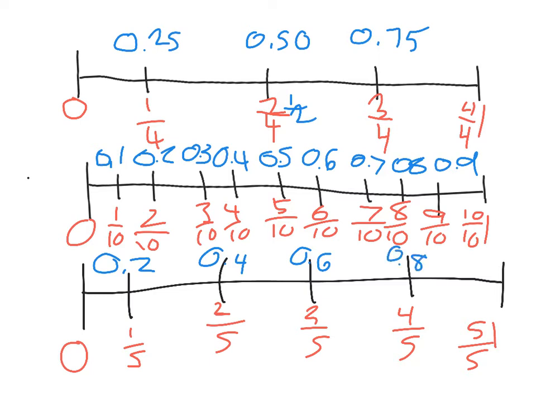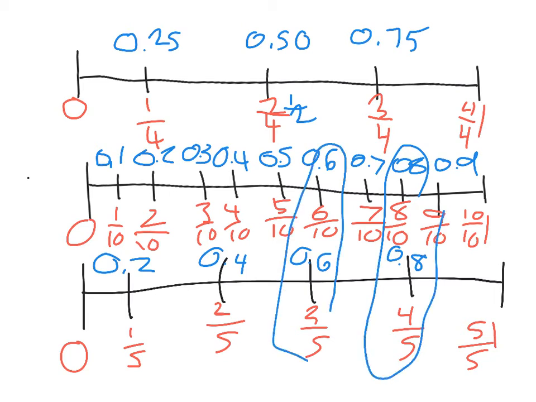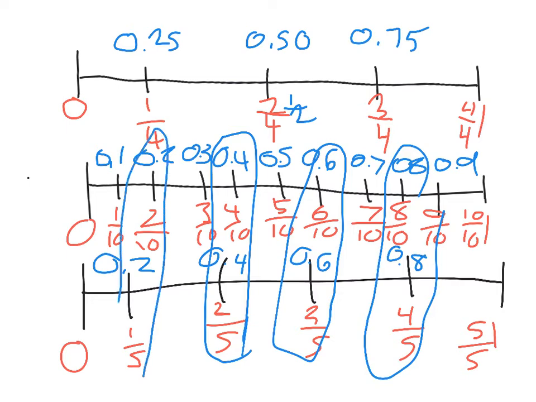And so you see 4/5 and 8 tenths are equivalent here. 3/5 and 6 tenths are equivalent, 2/5 and 4 tenths are equivalent, and 1/5 and 2 tenths are equivalent. So this was just a review of fraction number lines, and then reinforcing what we know about decimals, just instead of representing them with a model or just with the fractions, now on a number line.